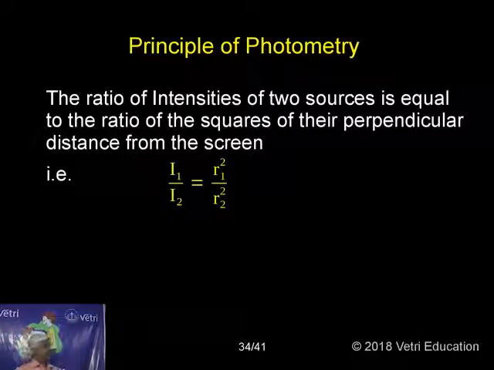That is I1 by I2 is equal to R1 square by R2 square. I1 by I2 is the ratio of intensity, R1 and R2 are the perpendicular distances from the screen, R1 for the first source, R2 for the second source. Therefore, I1 by I2 is equal to R1 squared by R2 square. This is photometry, and that is also in our syllabus.